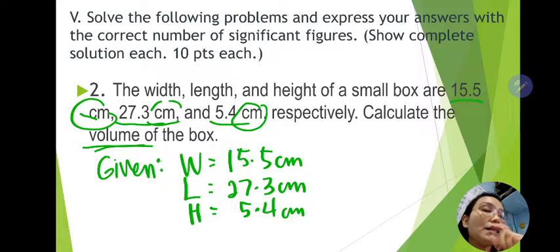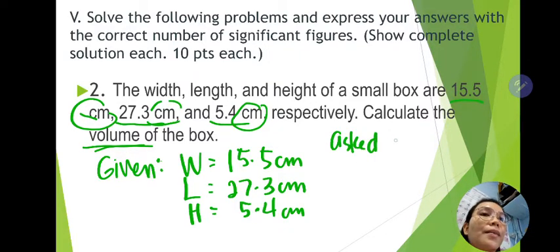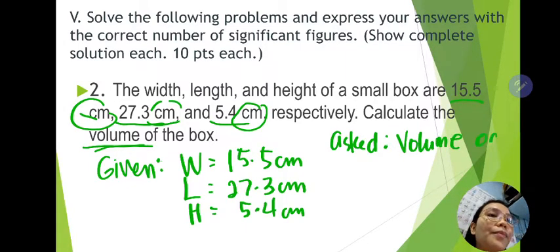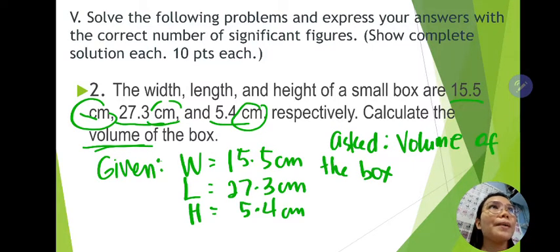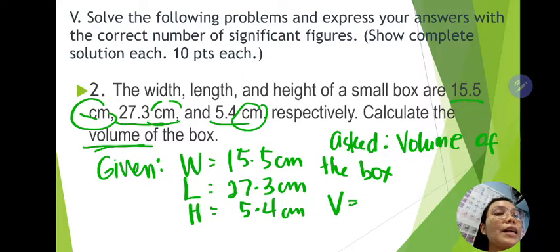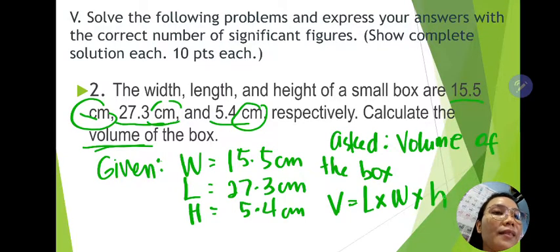So this is a box. Ang hinahanap ay volume. What is asked? So volume of the box. So from our algebra, alam natin, or if nare-recall natin, volume of a box or a rectangle is equal to the length times width times height.